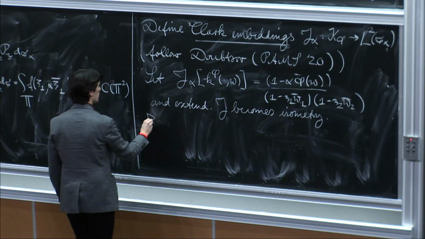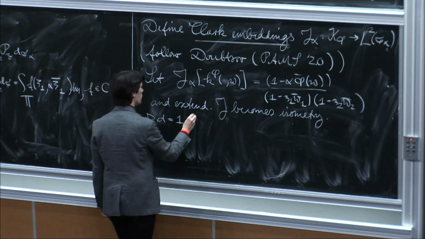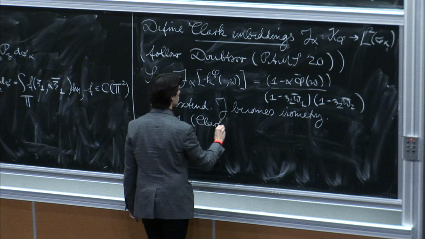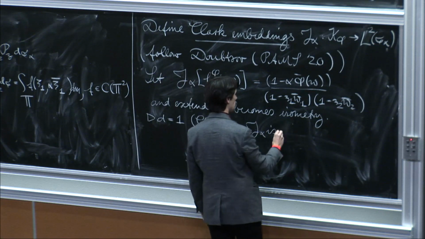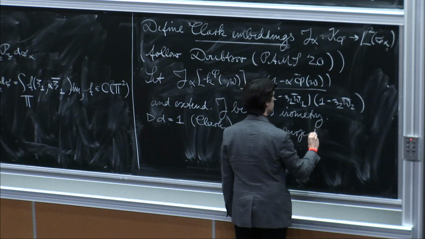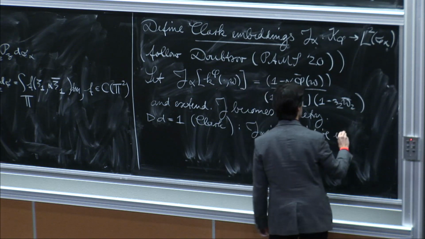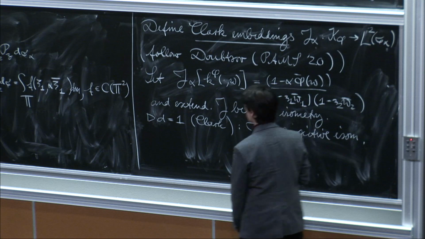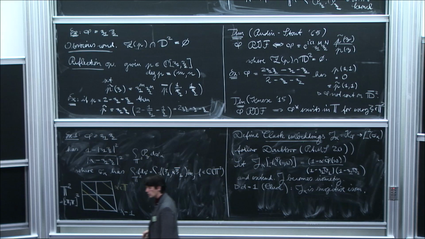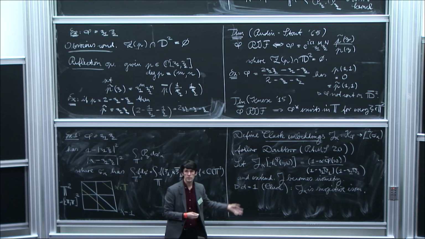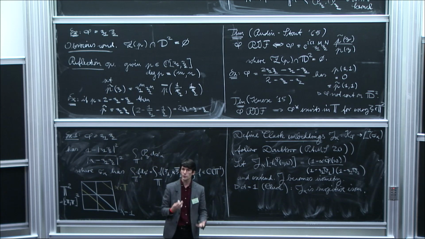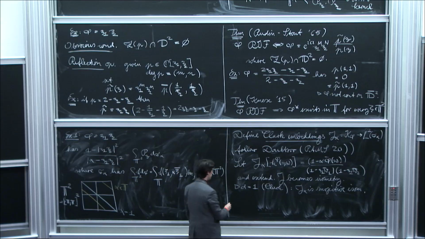Now, when dimension d equals 1, this is classical Clark theory. And this is actually a surjective isometry. Okay. So this suggested that something else is going to happen when d equals 2.